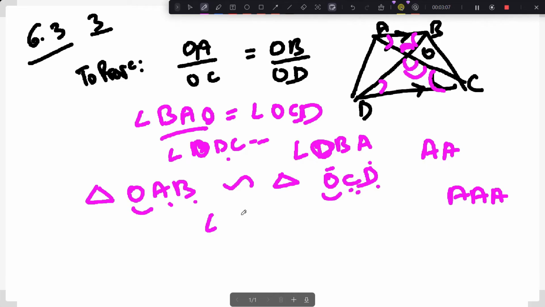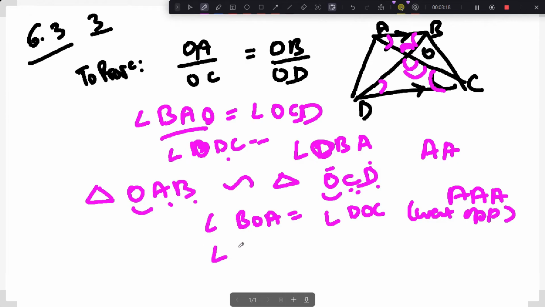Let me just show you once. Angle BOA is equal to angle COD, vertically opposite. I think you've got the gist, but I'm just writing it so that we see how we arrive at the order of the alphabets.